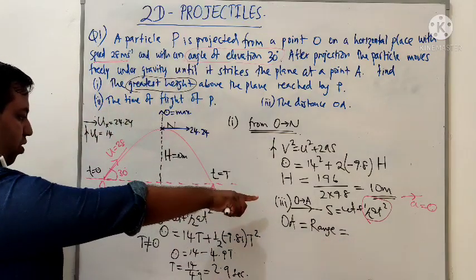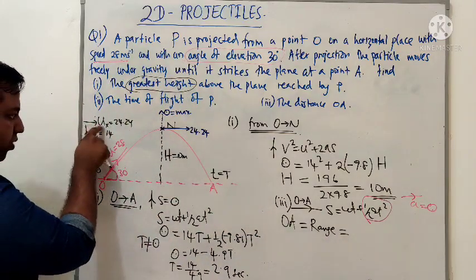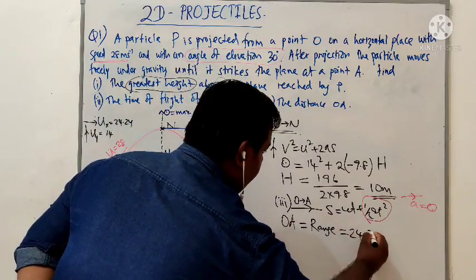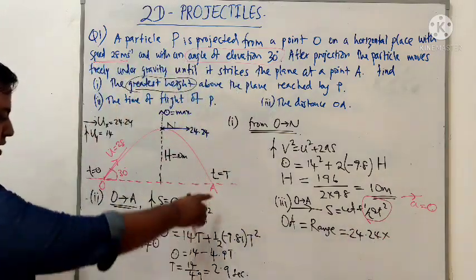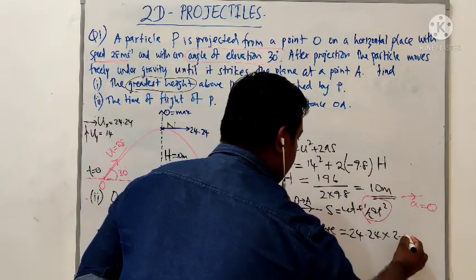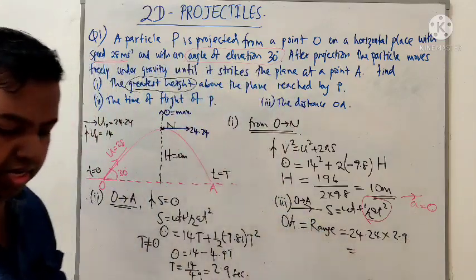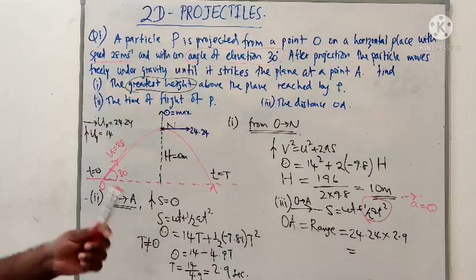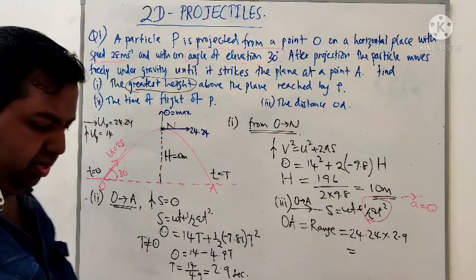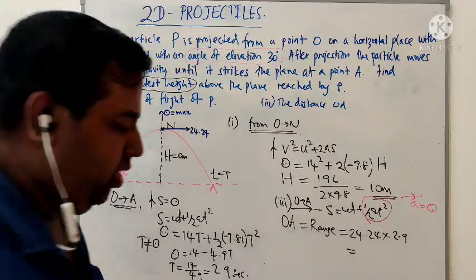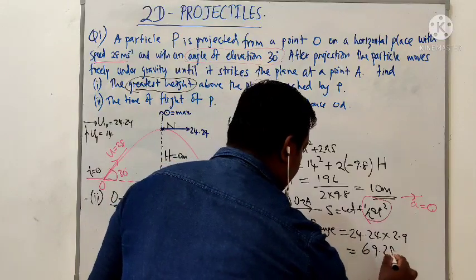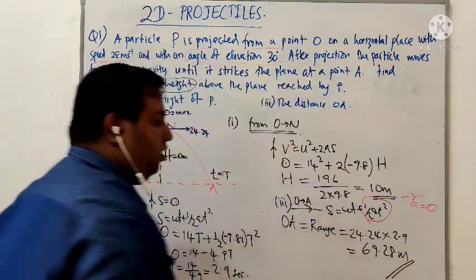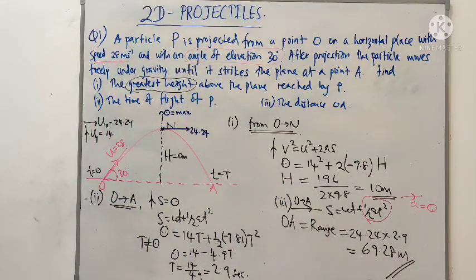Horizontal u is Ux, 24.24, multiplied by the total time 2.9. So 24.24 into 2.9 will come around 69.28 meter. So this is the first question.